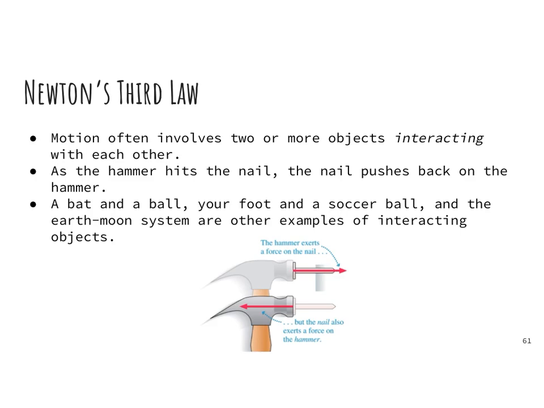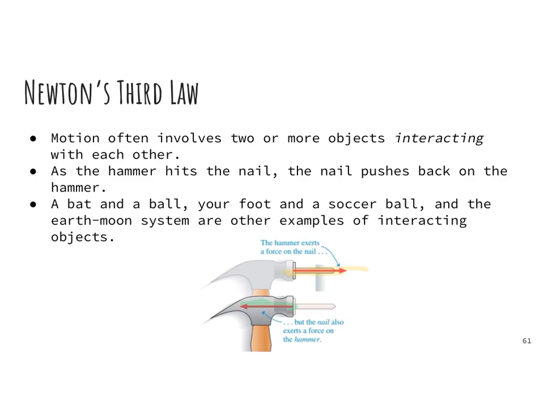Newton's third law is that motion will often involve two or more objects interacting with each other. For example, I have a hammer driving down a nail, but there's a reaction pair of the nail exerting a force back on the hammer, and we're saying that they are the same.